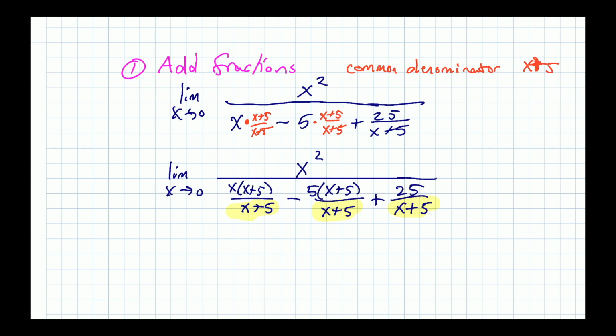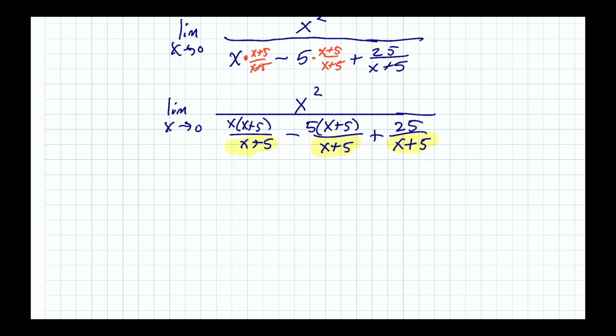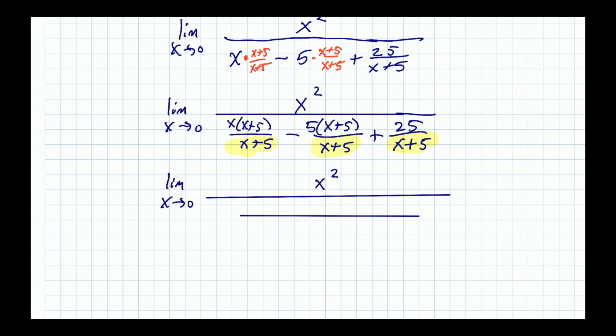We get limit x to 0 of one fraction down here: x times x plus 5, minus 5 times x plus 5, plus 25, all of that over x plus 5. Right. So now we've added the fractions.